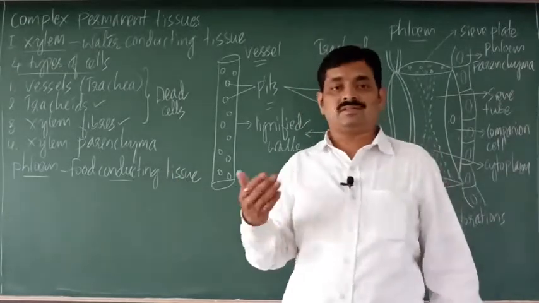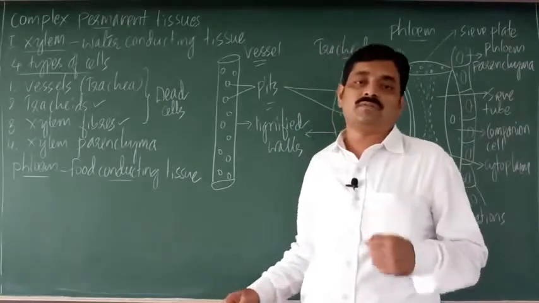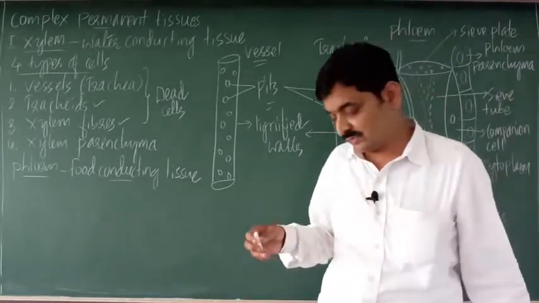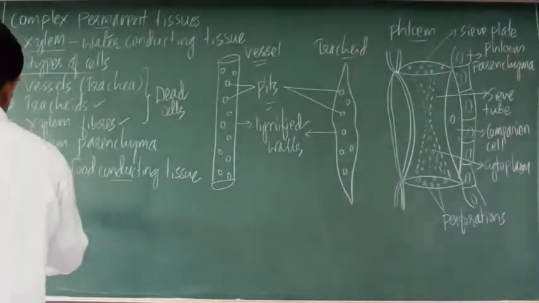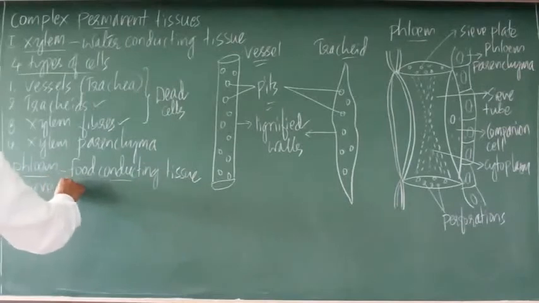So we shall consider the cells present in phloem. So in phloem there are 4 types of cells, right? The first one, the first cell, it is the sieve tube.